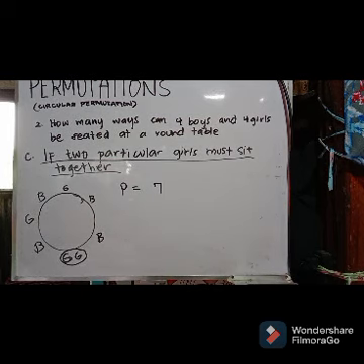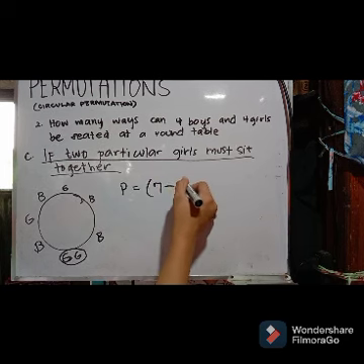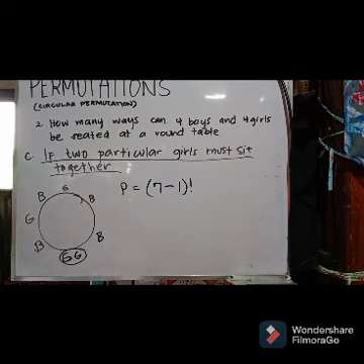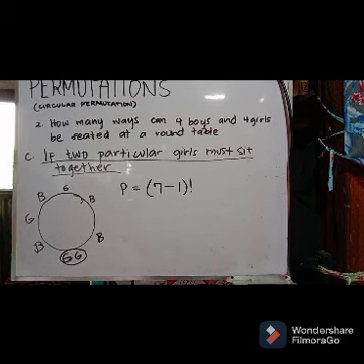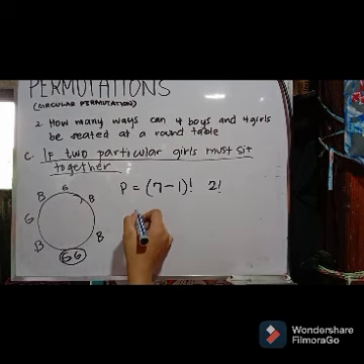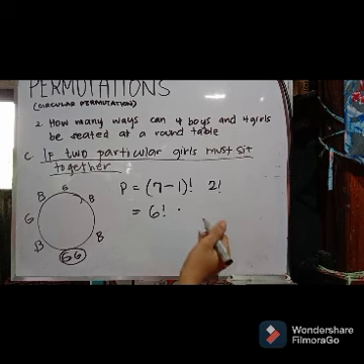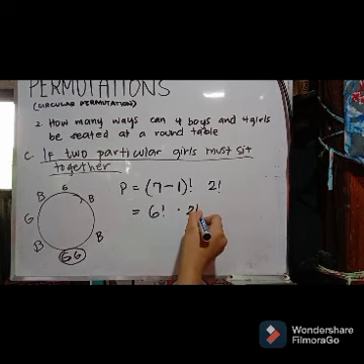So because it is circular permutation, we should use the quantity minus 1 factorial. And for another arrangement, these two can be arranged in 2 factorial. So 7 minus 1 is equal to 6 factorial multiplied by 2 factorial.